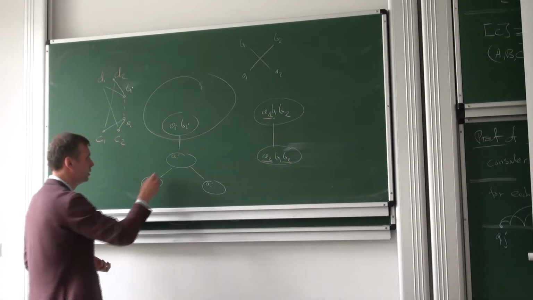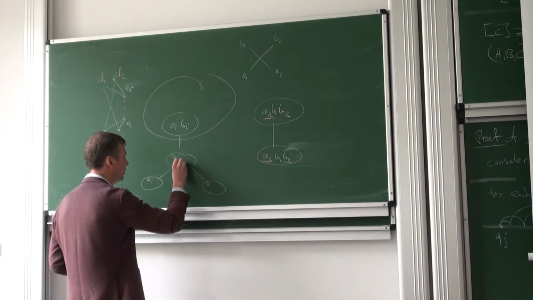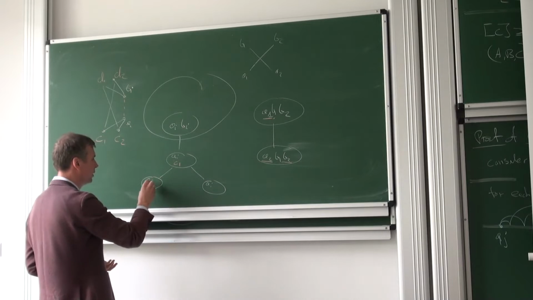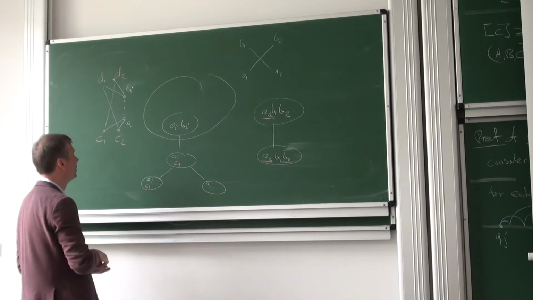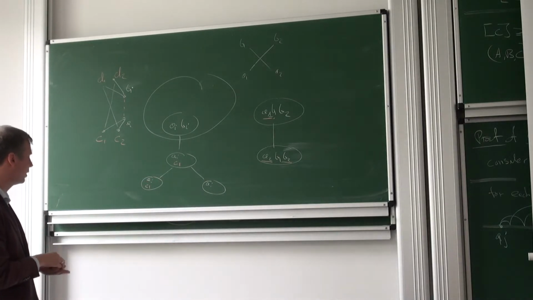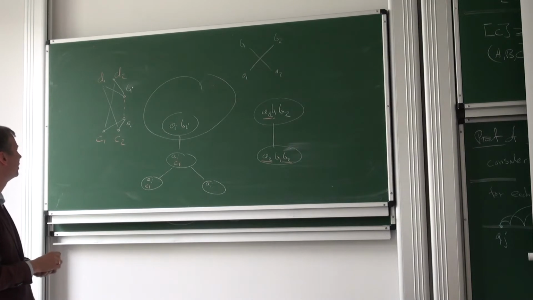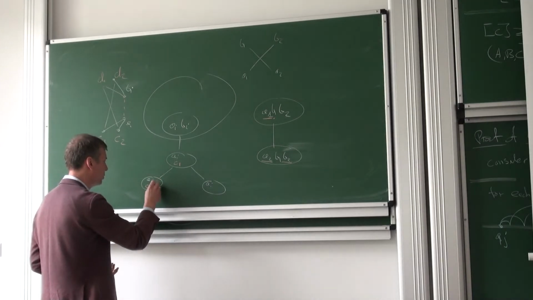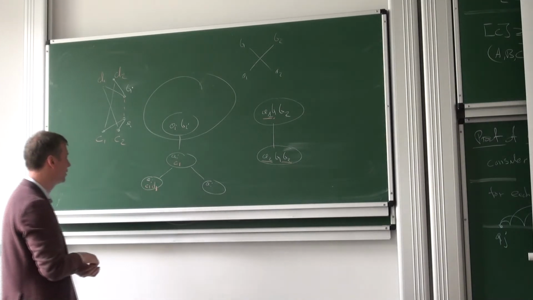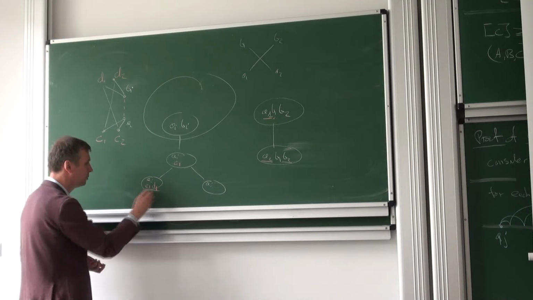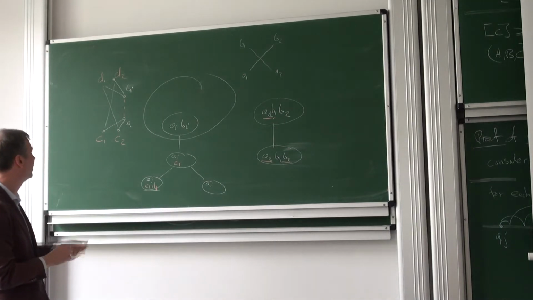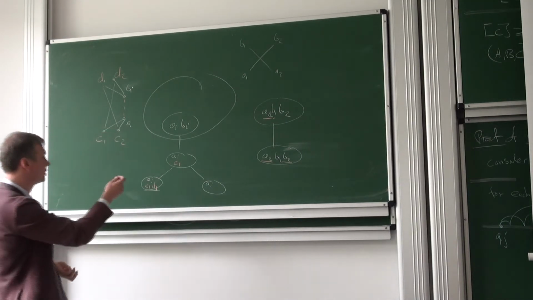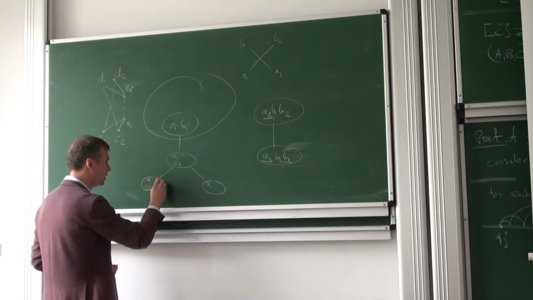Now, let's put C1 here and here. How do we proceed? Say we put D1 here. So this would be the bag C1, D1, by the way. If I put D1, I need an edge to C2, so let's have C2 here.